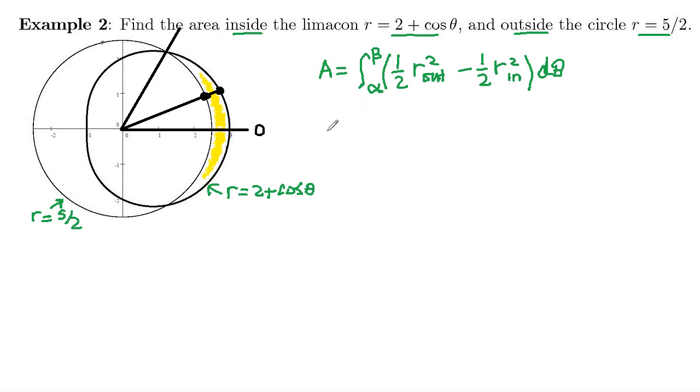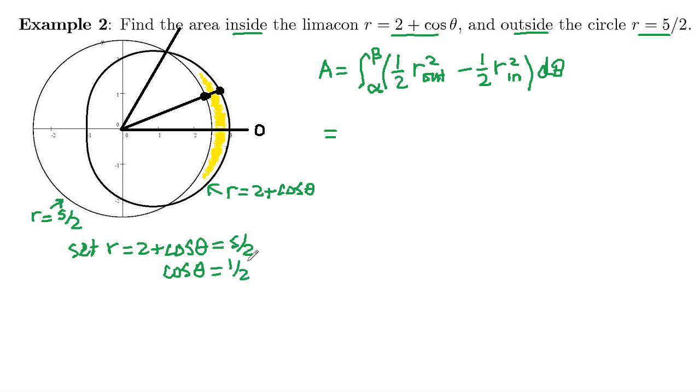So using this formula, now we need to find that angle. Let's go ahead and find that angle. Well, that angle is on the intersection of these two curves, so we set them equal to each other. We want to set r equals 2 plus cos theta equal to 5/2, which means cosine theta is going to be 5/2 minus 2, 1/2.